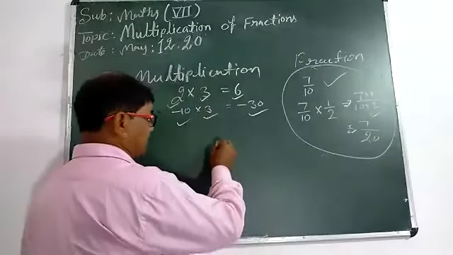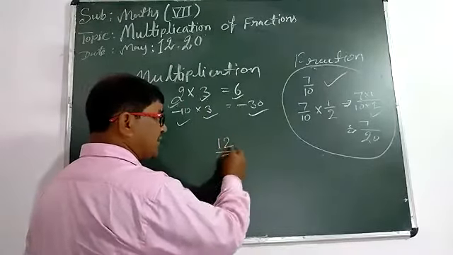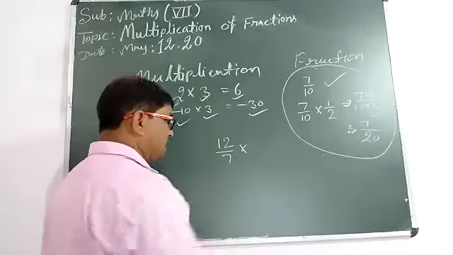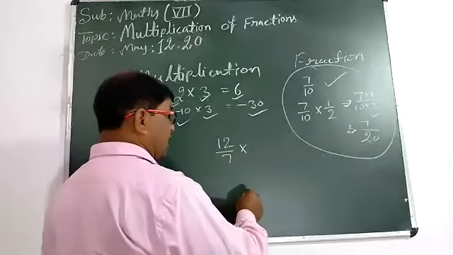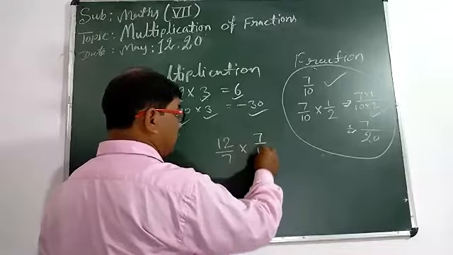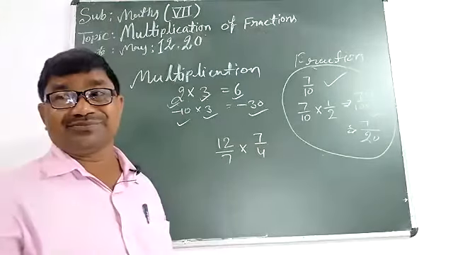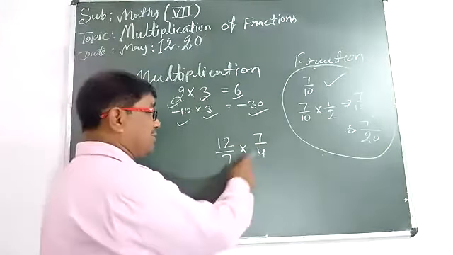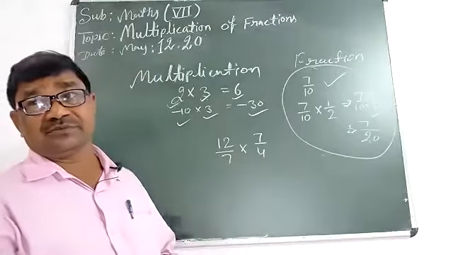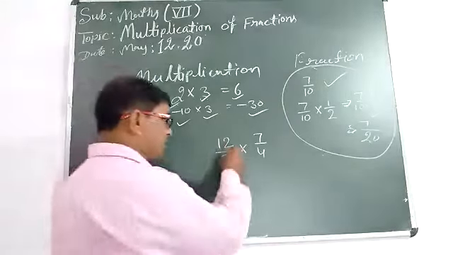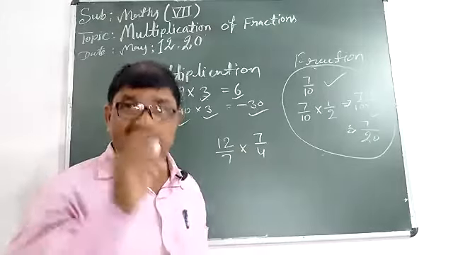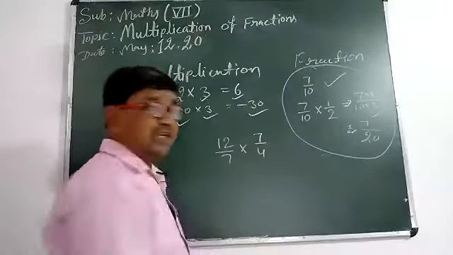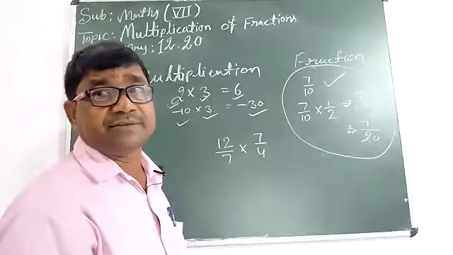Suppose that you are writing 12 upon 7 multiply 7 upon 4. Now think, 12 upon 7 is a fraction. 7 upon 4 is also a fraction.